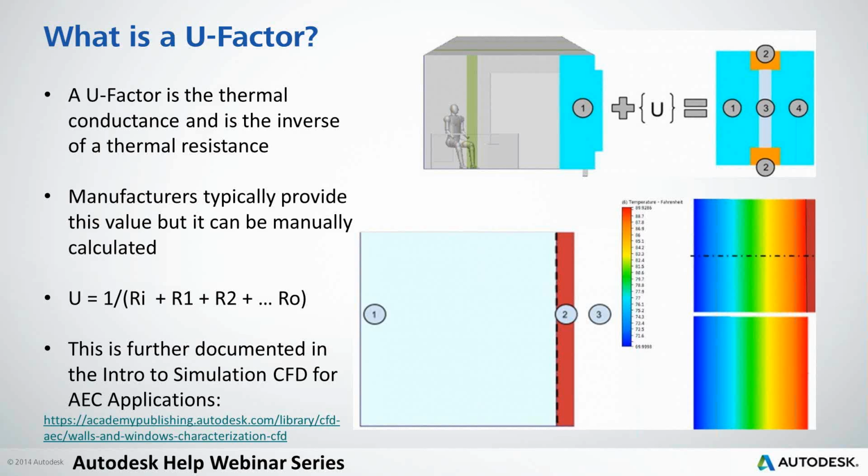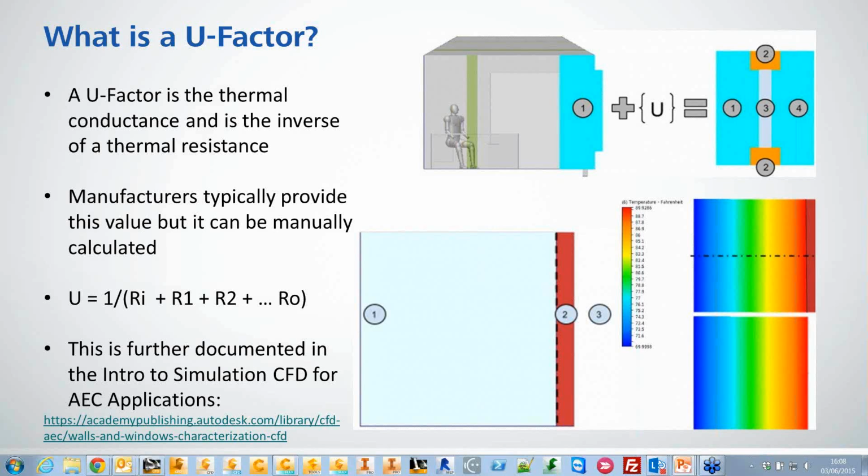So one of the things that I really wanted to dive into a little bit more is, what is a U factor? I think a lot of people on the call probably know, but just to make sure that it's relatively understood, it's actually the thermal conductance, and it's the inverse of a thermal resistance. What we can do with the U factor is essentially characterize everything into being a simple block, so you can reduce some complexity out of a model.